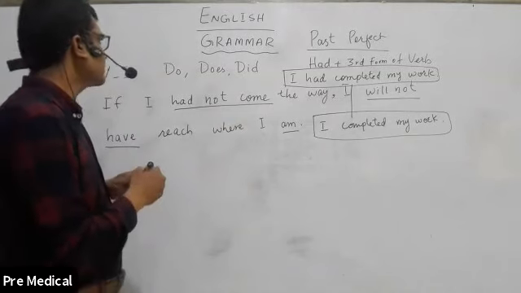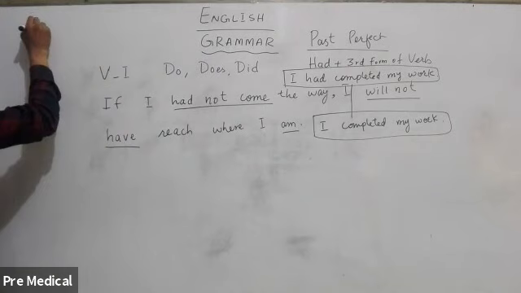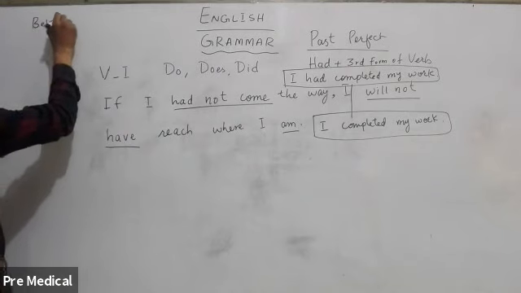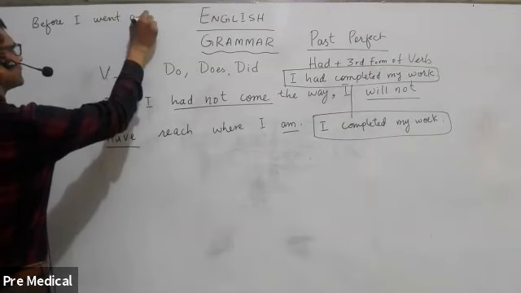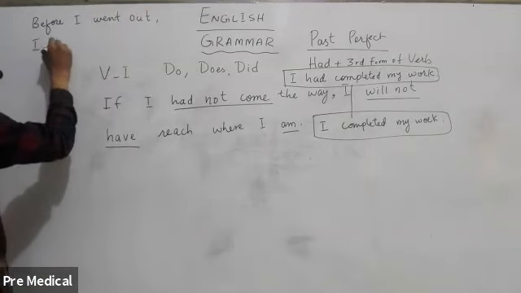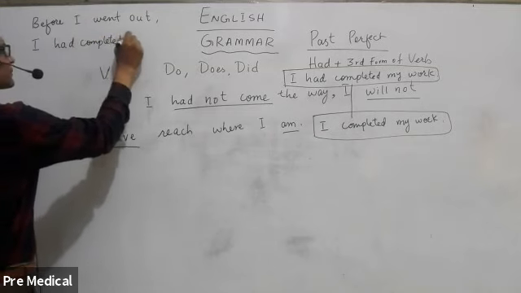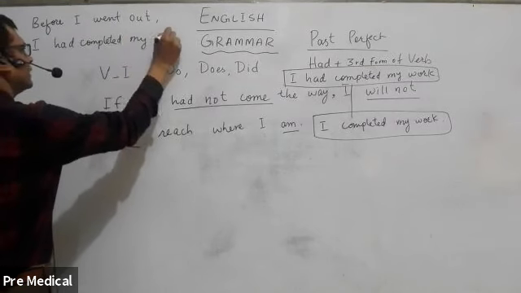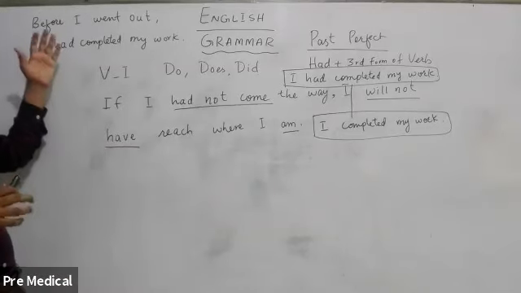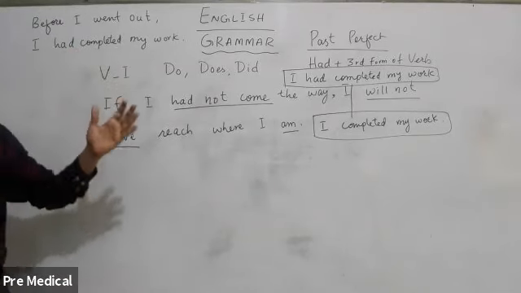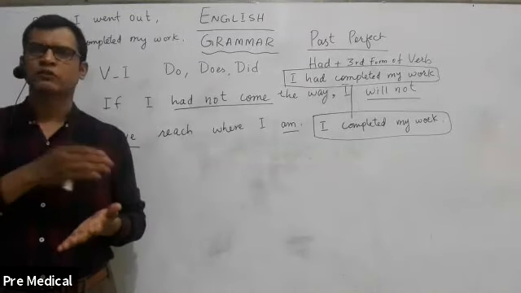For instance, we can say, before I went out, I had completed my work. Now, here it is easy to understand that there is one action that happened before another action, because past perfect is basically a past of past.